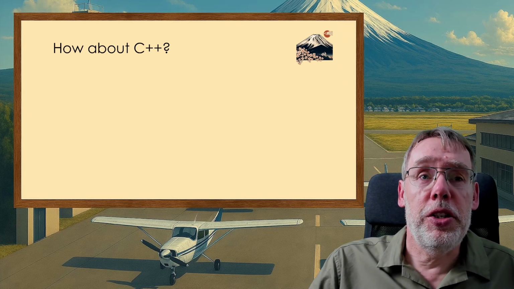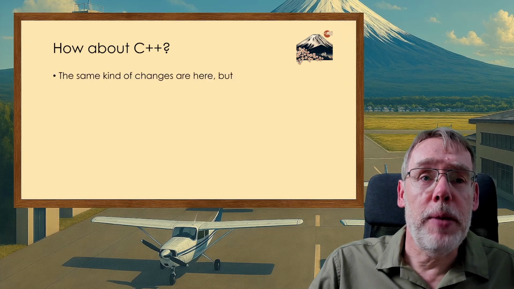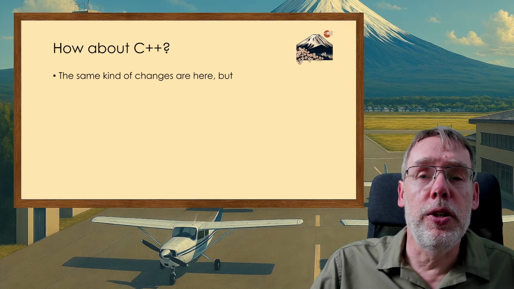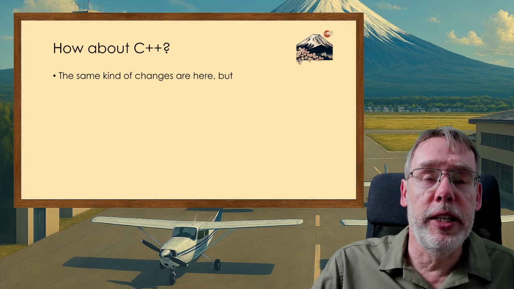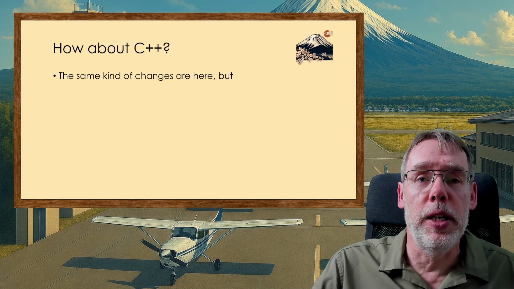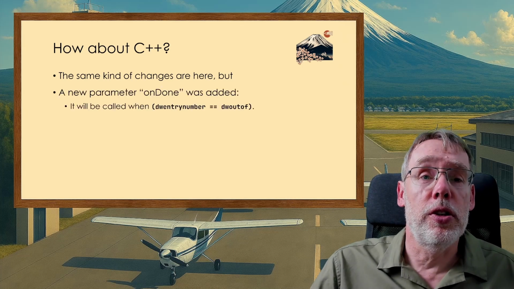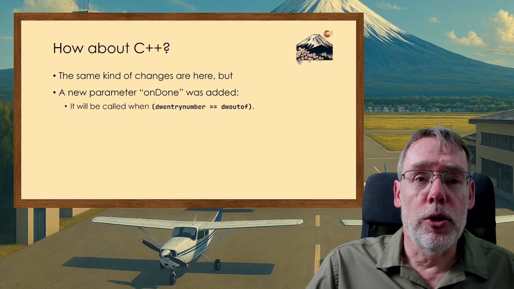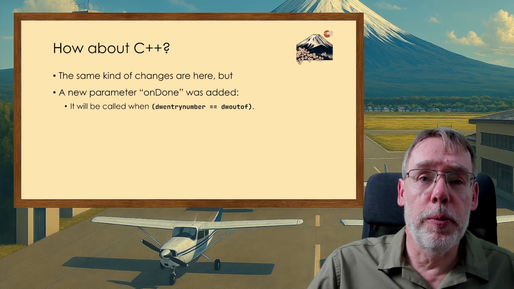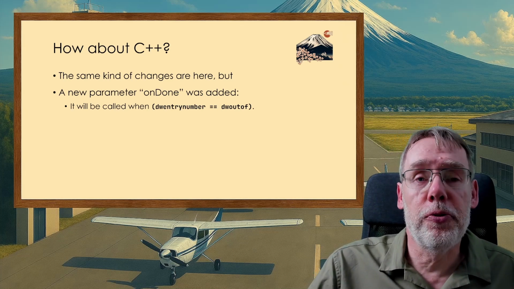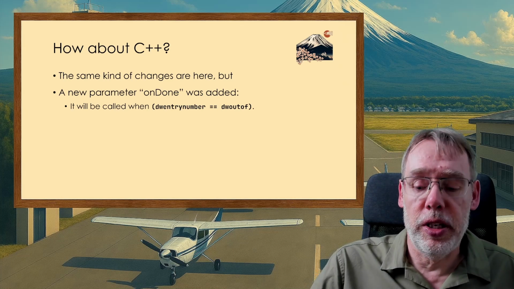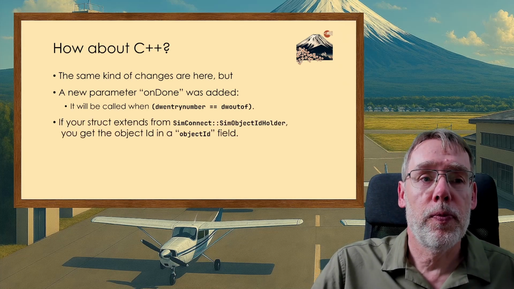So what did I change there? The same kind of changes, but to make sure that we can use the same way of calling the functions using lambdas, I added an onDone parameter. It will be called when DW entry number is equal to out of, so it's called after the last message has been handled.